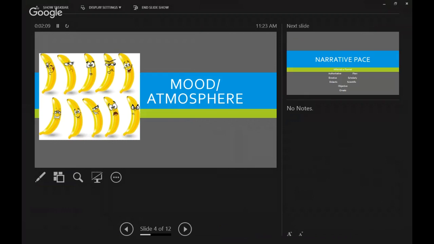Often there's not just one mood throughout the story. We talked about the idea of having a shift that can occur. Here's a little example, mood bananas, different feelings you could have based on that passage. Things like the details that are included and the diction the writer uses help create mood for you as the reader.